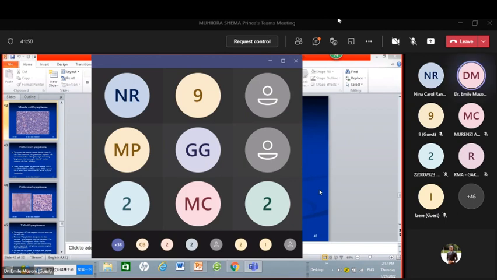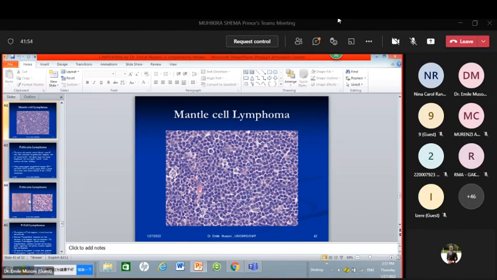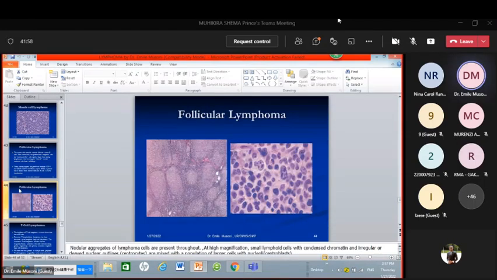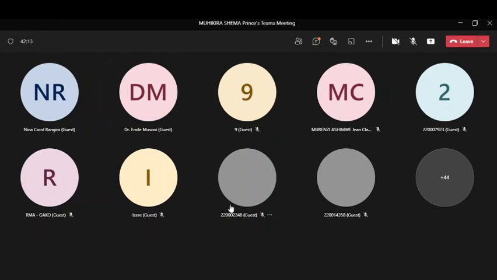On this image, if you see those nodules, you can think it is a normal follicle, whereas it is a follicular lymphoma. This is why you must be careful in differentiating a normal lymph node from follicular lymphoma.